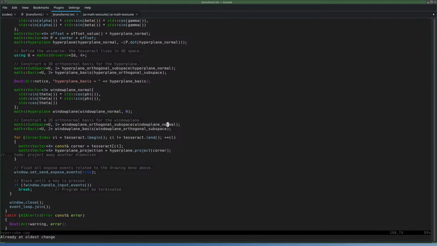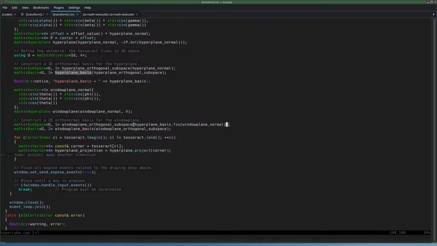So it's going to be something like hyperplane basis dot foo, and then we pass it. Yes. However, it would definitely read better if it was the other way around.